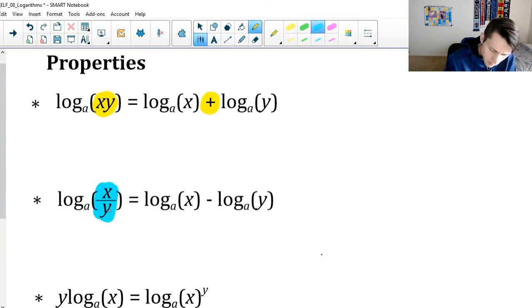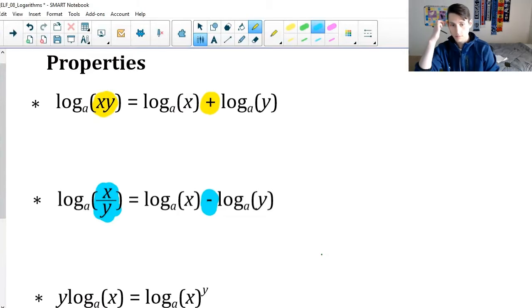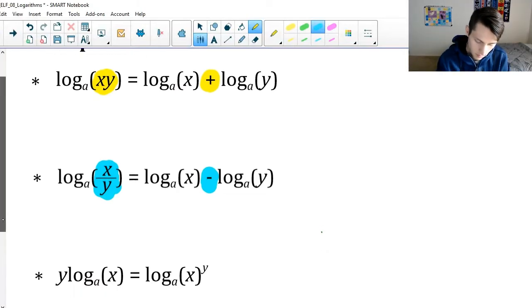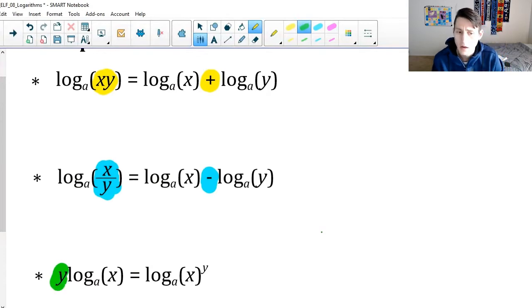Second property, if we see that there is division going on inside the logarithm, then we can split that up into two logarithms using subtraction. And then last but not least, if we see there's some coefficient of the logarithm, what we could do is move that up into an exponent for whatever was inside the logarithm.